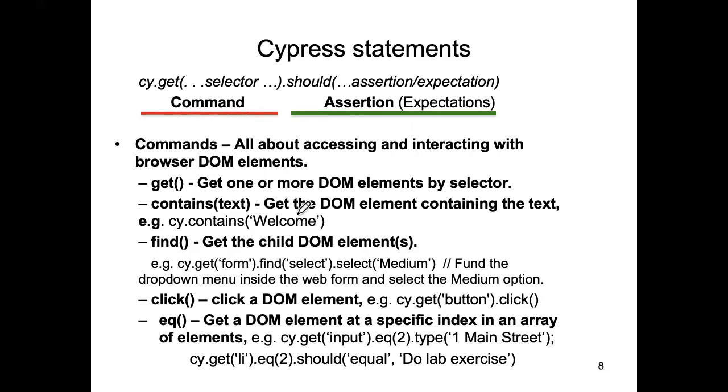Now, if there isn't any element with the text welcome, then this statement is going to fail, and consequently, the test is going to fail. So that's how failure occurs in a Cypress test. Also, of course, failures will occur if an assertion is not true. So down here, I've got an assertion, and if that assertion isn't true, then the test fails as well.